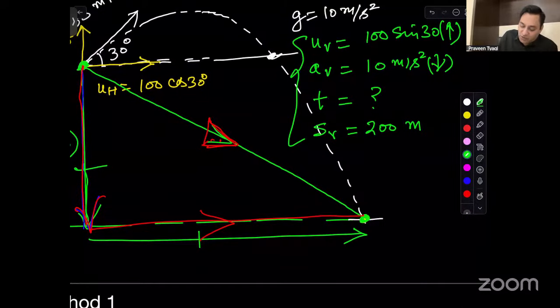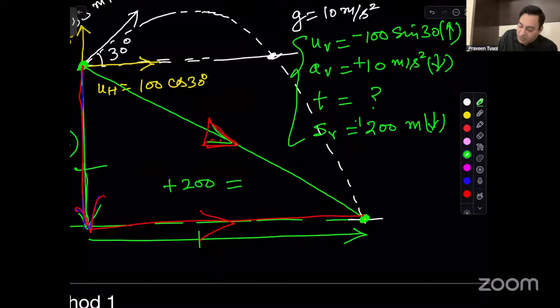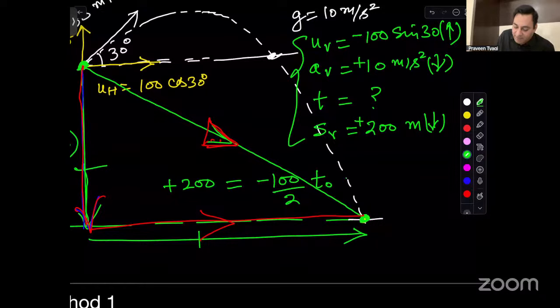I'll put in the values quickly. I am assuming the downward direction to be positive, so S is plus 200. S = ut + (1/2)at², where u is minus 100 sin 30, which is minus 50, so 200 = -50t + 5t².